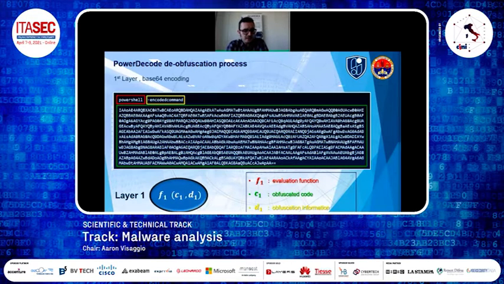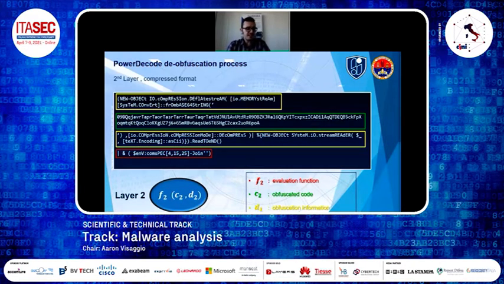And we have in green a block of obfuscated code, and in yellow some information about the obfuscation. The next layer recovered presents a compressed format. In this case, the evaluation function is an obfuscated form of Invoke-Expression. So we have in green a block of obfuscated code, and in yellow some obfuscation information.